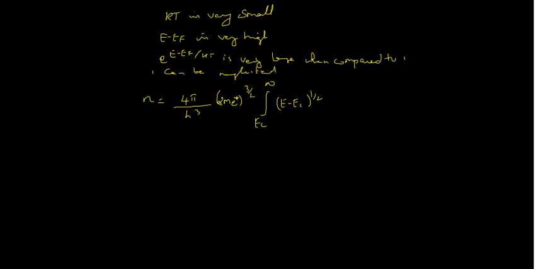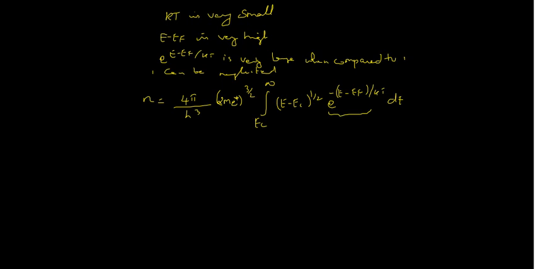So 1 by e power E minus EF by kT can be written as e power minus E minus EF by kT into dE. Now in this exponential form, we have to take this EF outside. As a whole it is minus, so it becomes e power EF, this becomes plus, so EF minus E by kT.